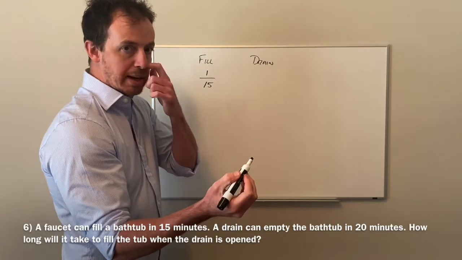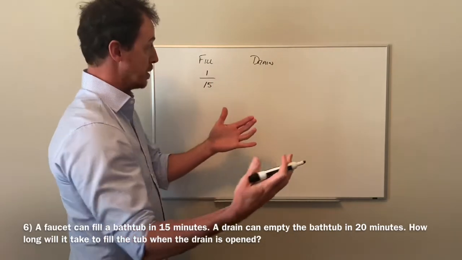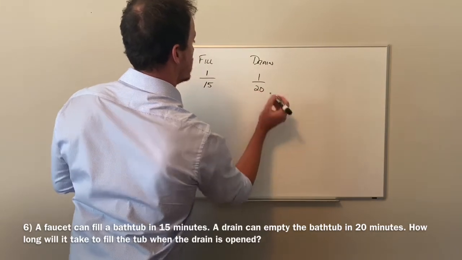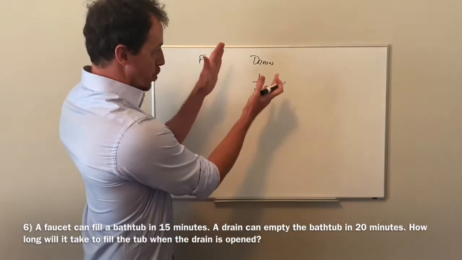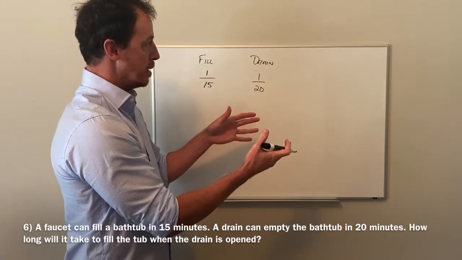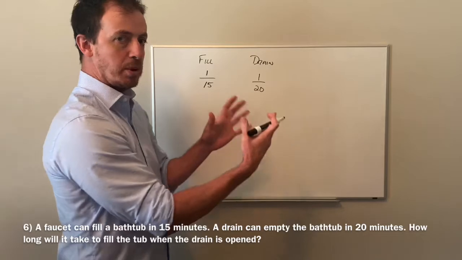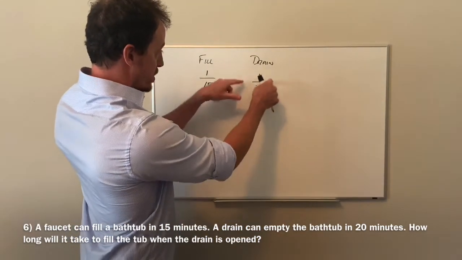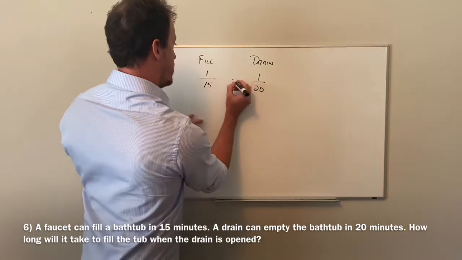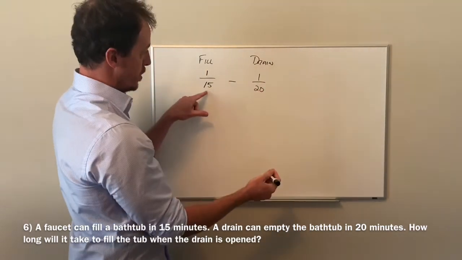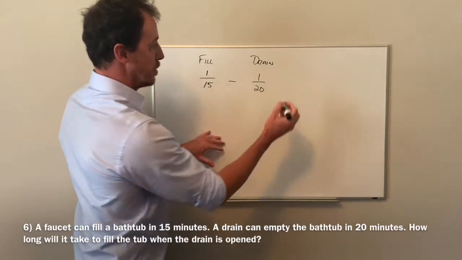The drain takes 20 minutes to empty the tub, so it's doing 1/20th of its thing every minute. But they're not working together, so it wouldn't make sense to add them. This water is going in and this water is going out, so it makes sense to subtract the water that's leaving. So we got 1/15 minus 1 over 20.